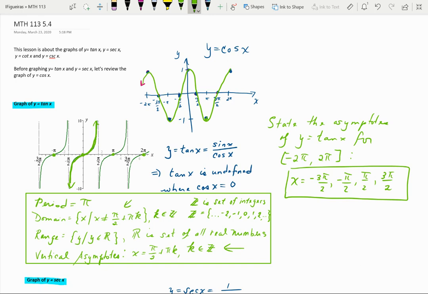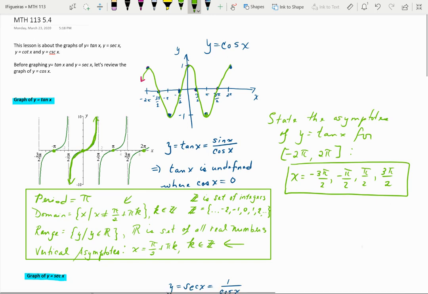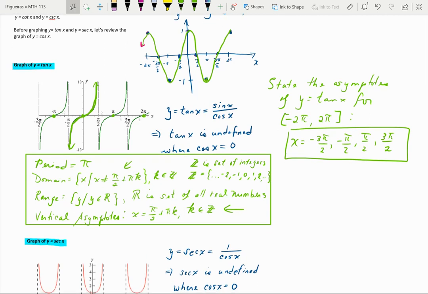Okay, let's move on to secant, because secant, like tangent, has a relationship with cosine, because we know that secant can get rewritten as 1 over cosine. So similarly to what I explained before, secant will be undefined everywhere that your cosine function is 0, which are these points right here. Again, negative 3 pi over 2, pi over 2, and 3 pi over 2.